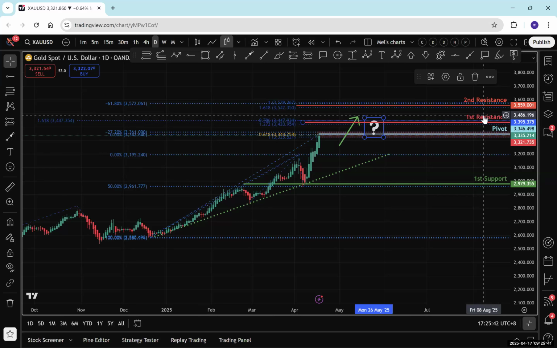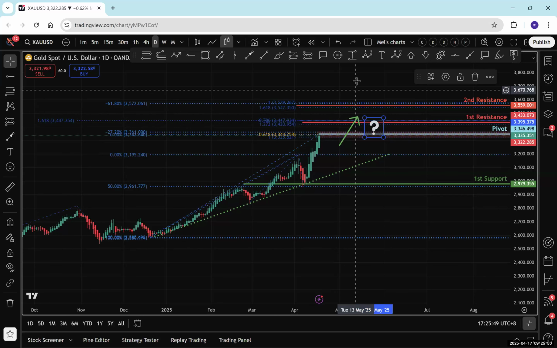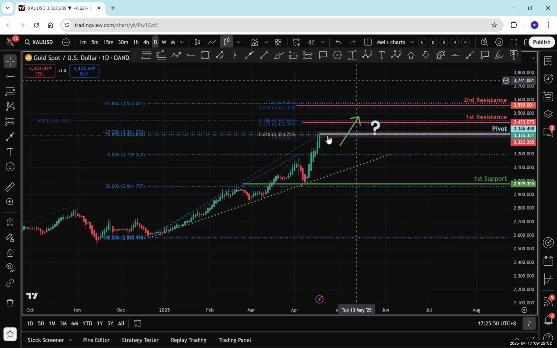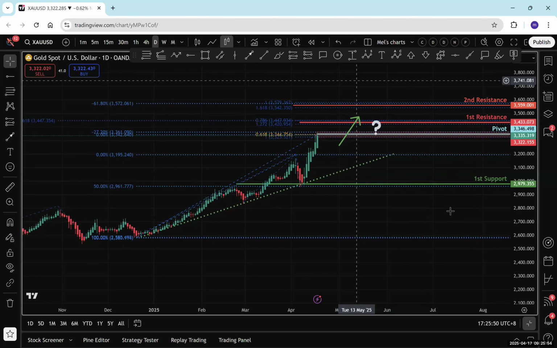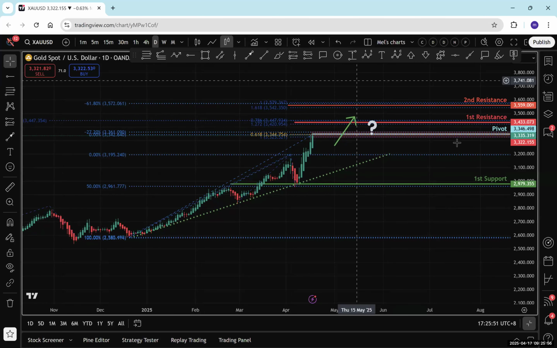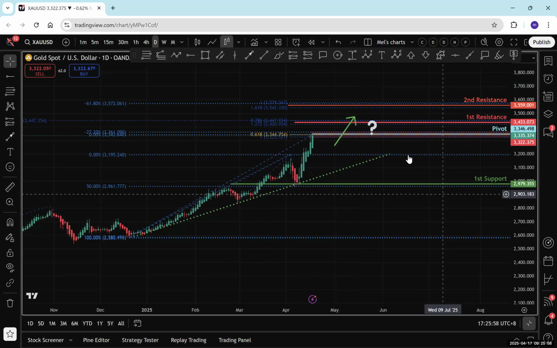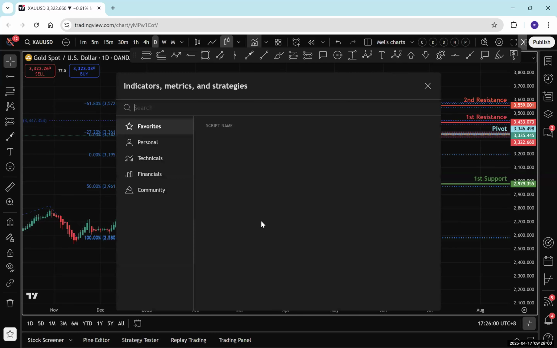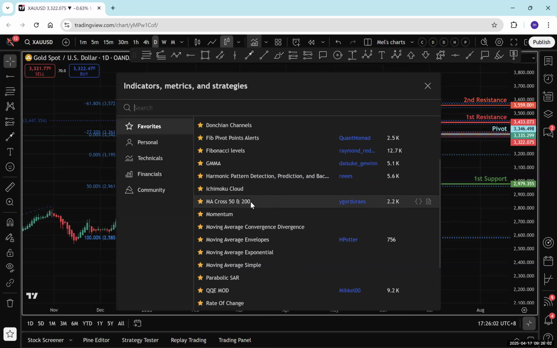That's entirely up to you, or you can just ignore the first resistance. I'm just giving you more options with these levels. Okay. But just be careful of this pivot level. You might see a bit of reversal before it continues moving upwards. So you want to make sure there's enough room for it to move around. Let's take a look at our indicators and see if they support this analysis.